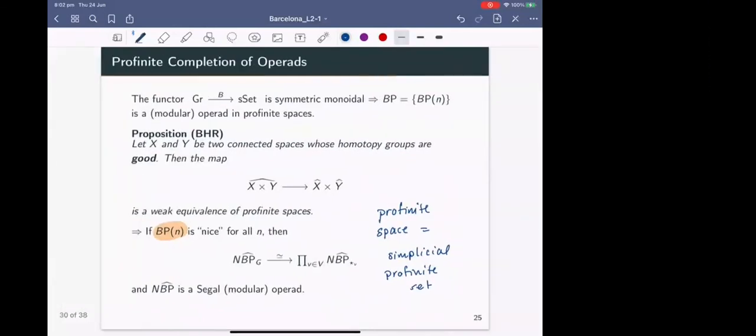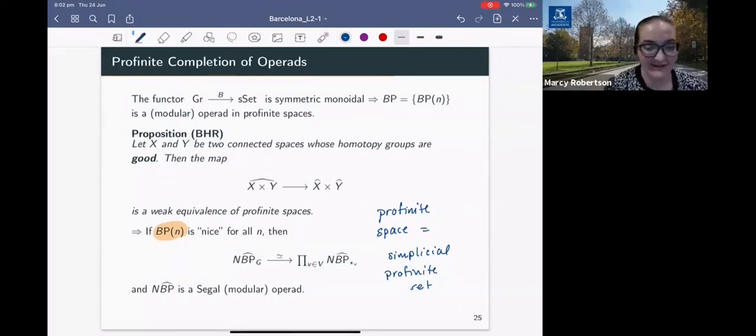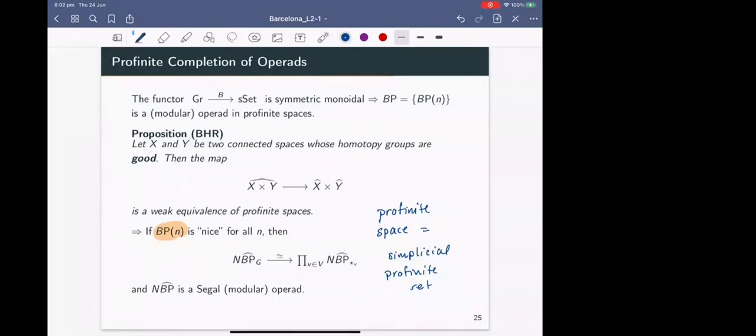Can I ask a question? It's perhaps a nasty question. That's all right, I might not answer it, but go ahead. I have the feeling that your proposition is very much related to what it means to be a weak equivalence of profinite simplicial sets.